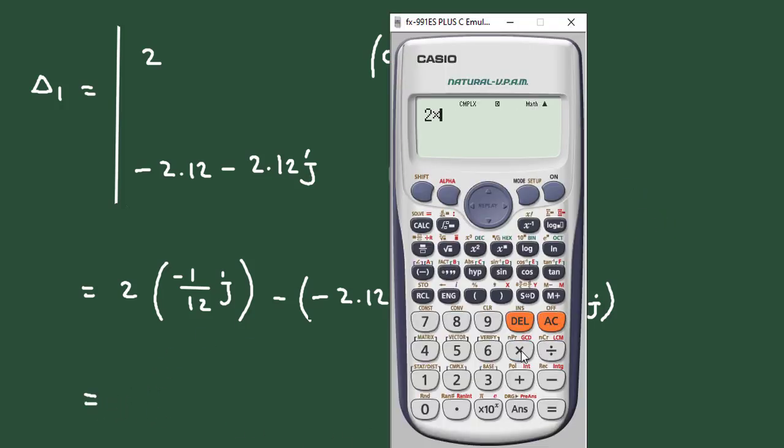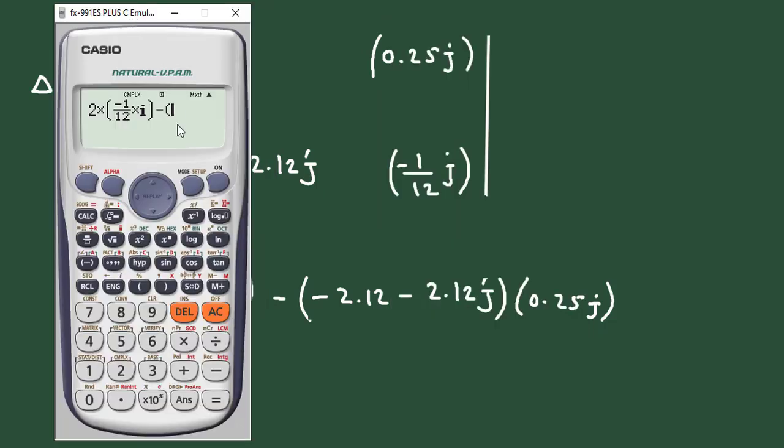It will be 2 multiplied with minus 1 upon 12 minus 1 upon 12j, then minus 2 into 1 upon 12j minus 2.12 into j, 0.25 into j.